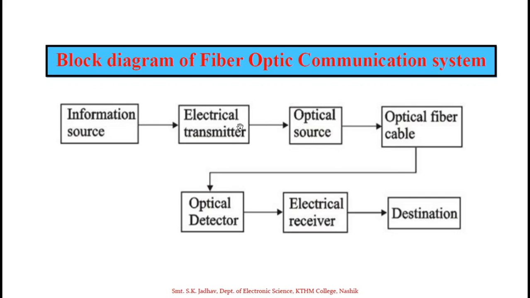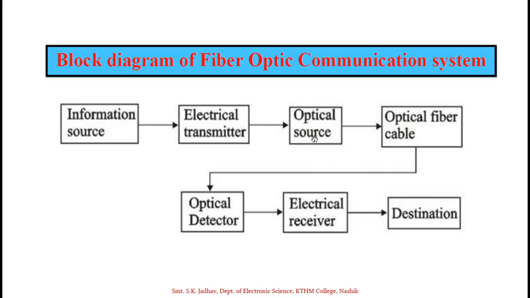In the transmitter circuitry part, we give the input data as an electrical signal. The transmitter circuitry is used to convert this electrical signal to light signal with the help of light source. The light source may be either LED or laser.